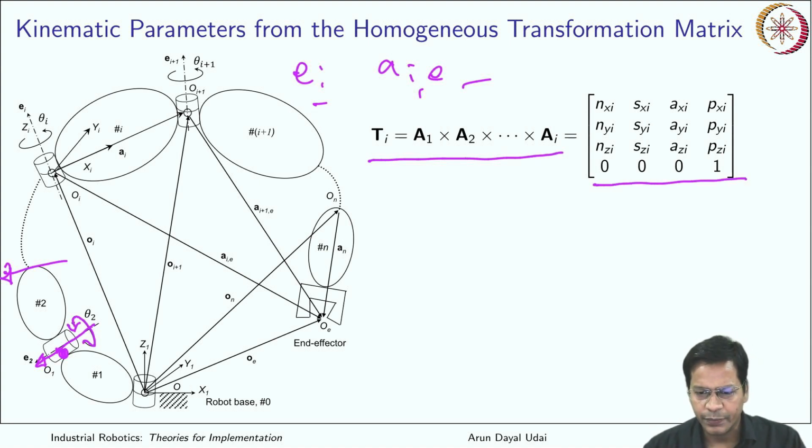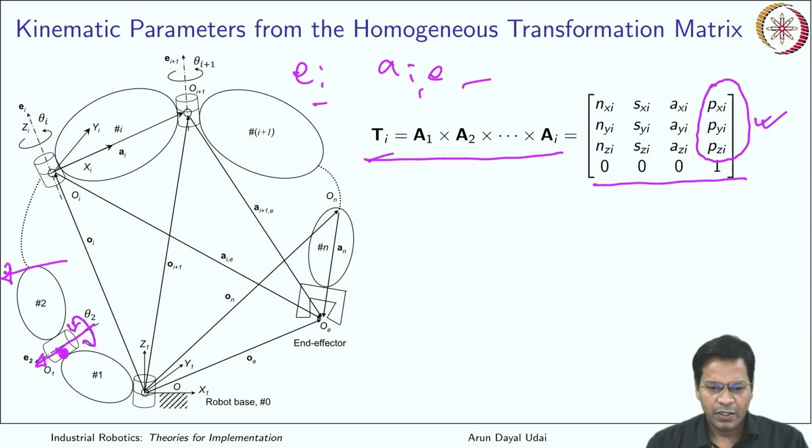So what is this? This is nothing but the frame which is attached to the ith link, at the end of the ith link. If we talk about Ti, that basically includes all the link transformation matrices A1, A2 and so on till AI. What is this effect? Actually, it is I minus 1 I. So what was this?